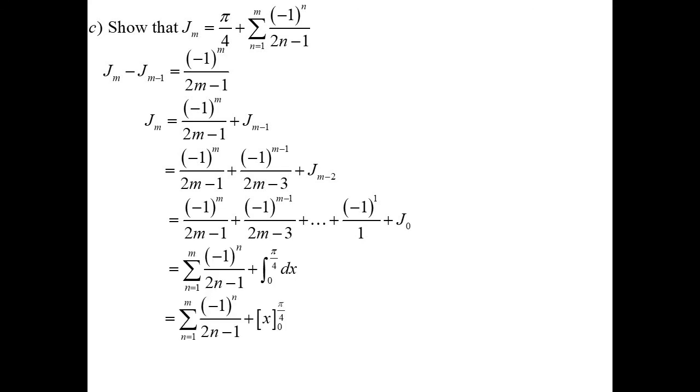The first term would be when n is 1. So we've got that part. Hopefully, when we work out J0, we'll get pi on 4. Well, J0 is the integral from 0 to pi on 4 of dx. And so subbing into that, sure enough, we get our pi on 4.